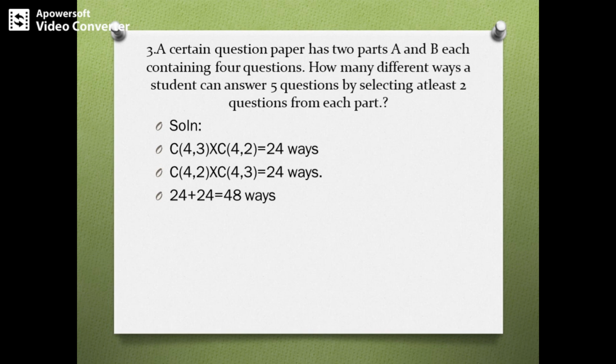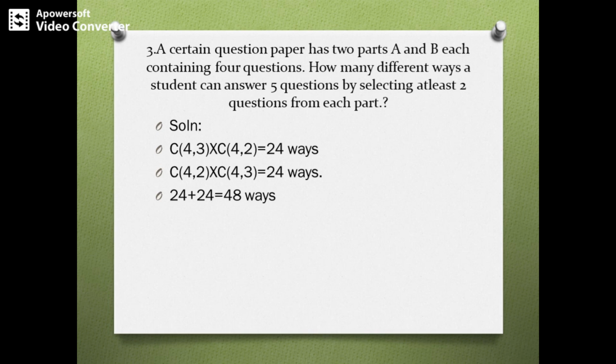So in part A, I've got 4 questions. In part B, again, I've got 4 questions. And the student has to answer 5 questions in total by selecting at least two from each part. Two have to be selected minimum from each part, so that 5 questions are covered. How it can be done is by either of the choices.